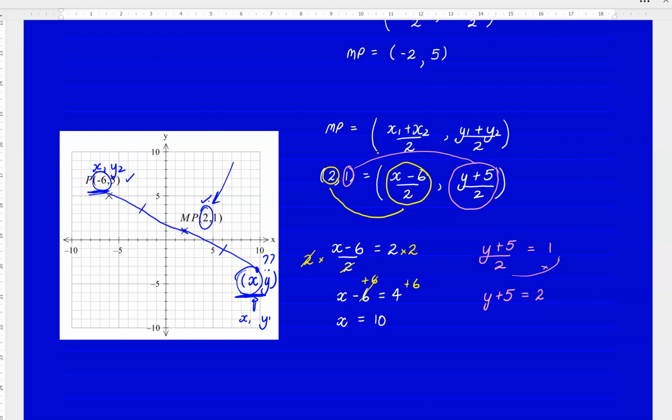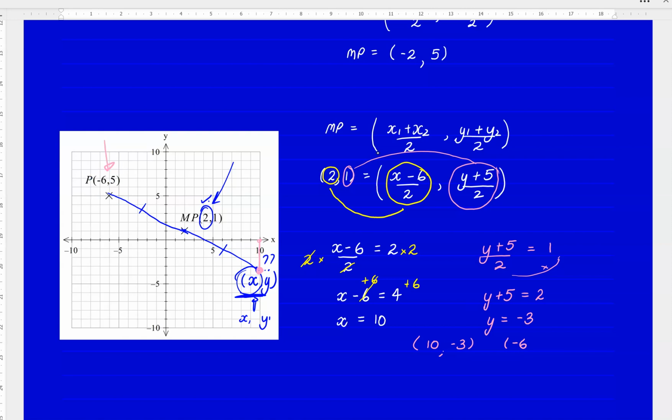And how do I get rid of a plus 5? We take 5. So 2 take 5 is minus 3. So we're left with this point, which is 10, minus 3. Now if we look at our graph, we go over here at 10 and then we go down to minus 3. That seems like a pretty reasonable answer. And if you really wanted to, you could now check 10, minus 3, and what was our other point here?